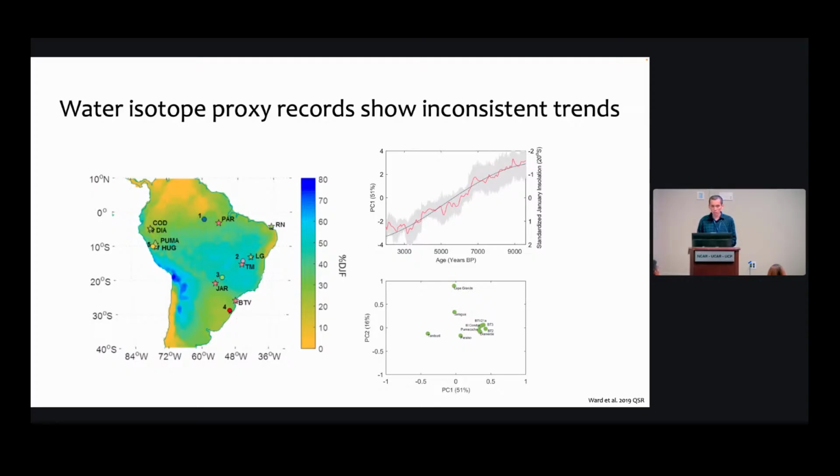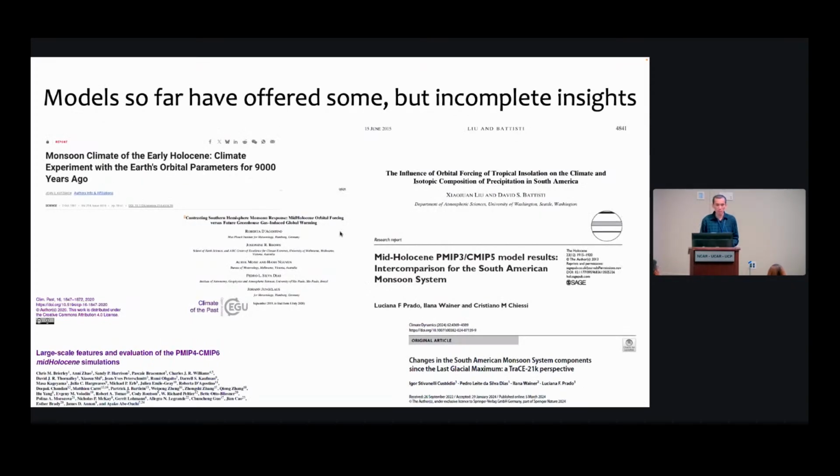One way to resolve this is to look into climate models, and people in fact have looked into monsoon changes or South America hydroclimate changes over the past 40 years, from the early 80s, from different versions of PMIP models and also more idealized simulations looking at the isotopes, as well as transient simulations using TraCE-21K.